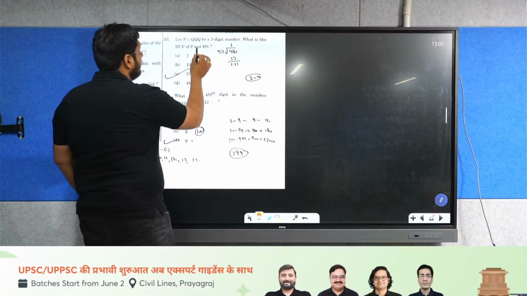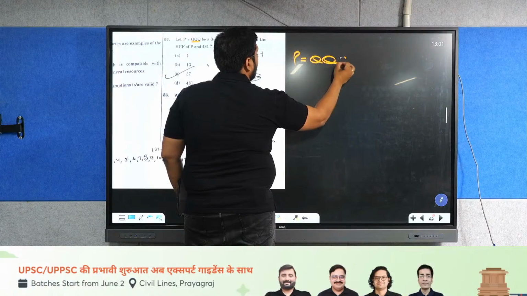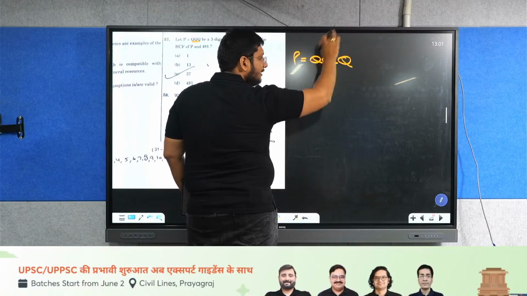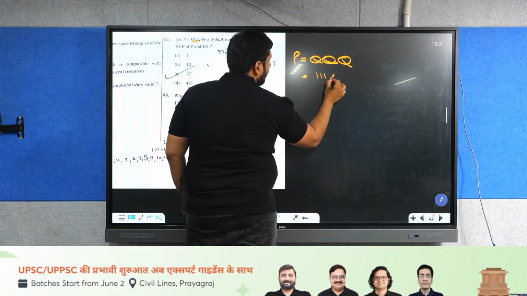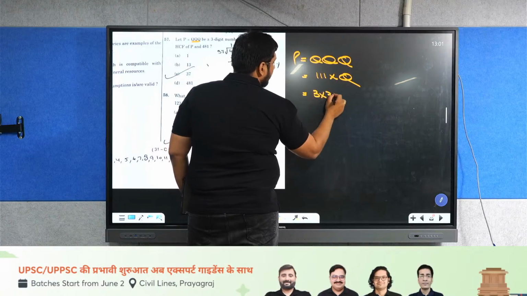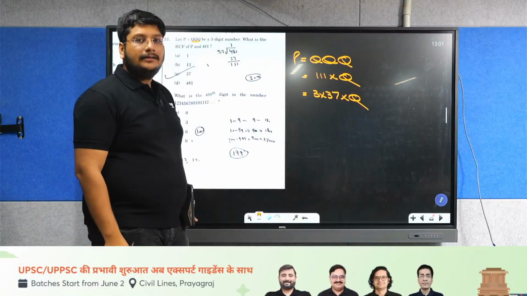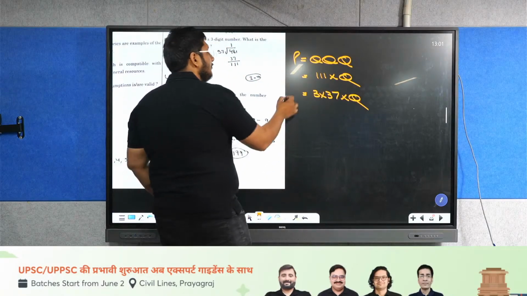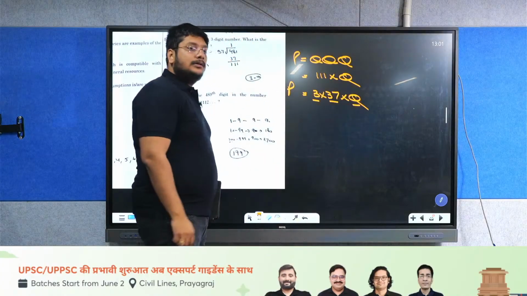It says P is equal to QQQ. That means this number has 111 as a factor for sure, is equal to 111 into Q. 111 means 3 into 37 into Q. That means this number P has 3, 37 and Q as factors.